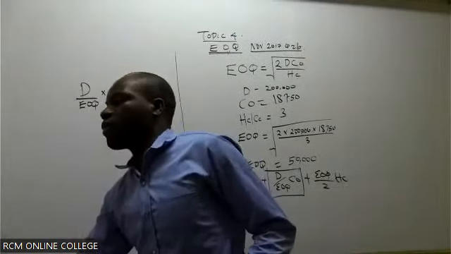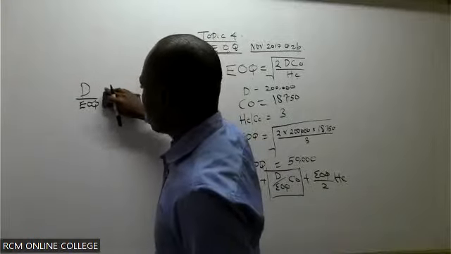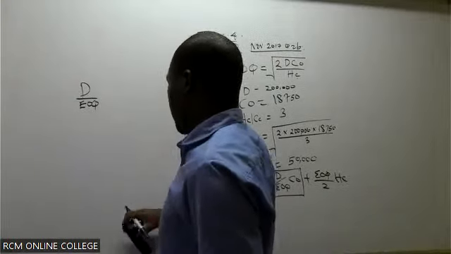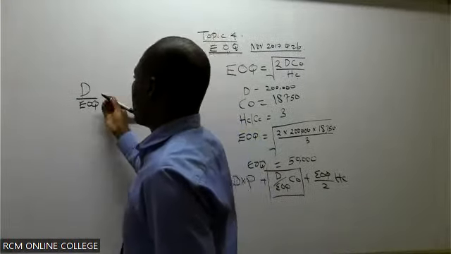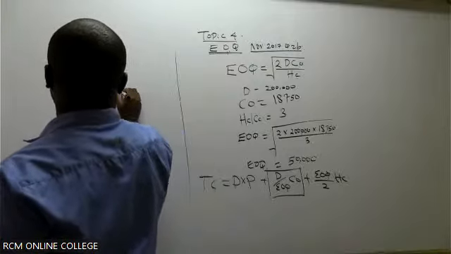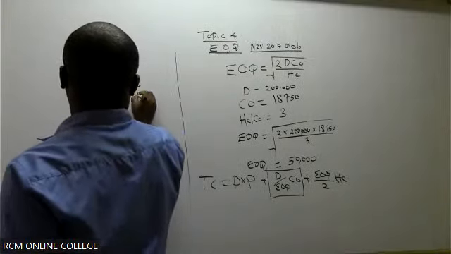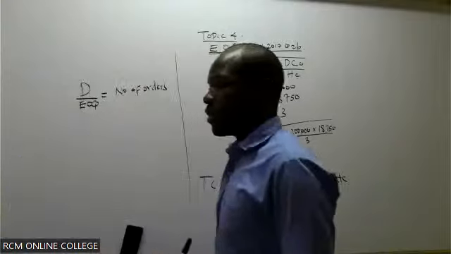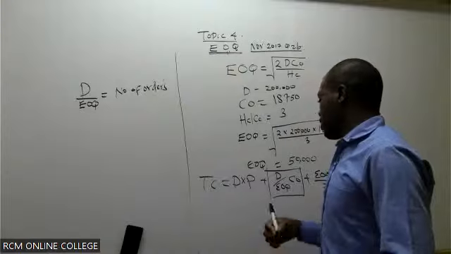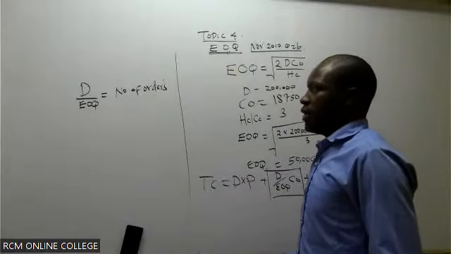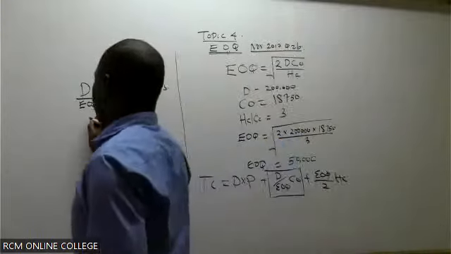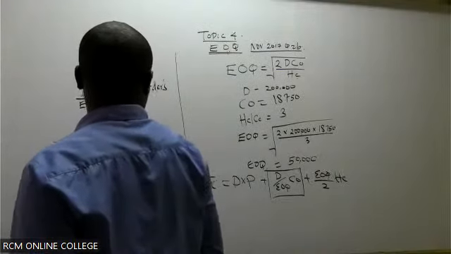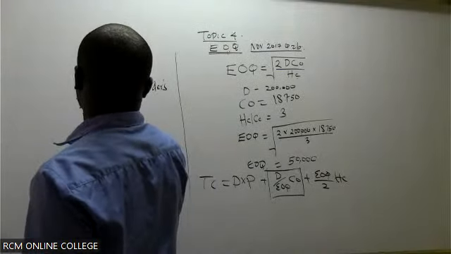If you just delete the ordering cost, this one here is equivalent to the number of orders. So can we go ahead and do that? Are we able to get the number of orders? Demand, are we given demand? Yes, 200,000.